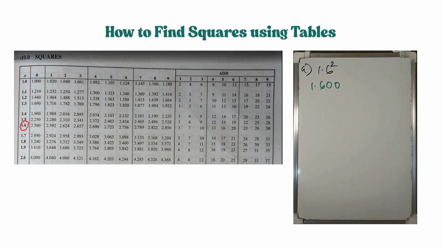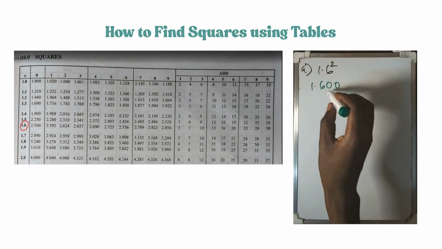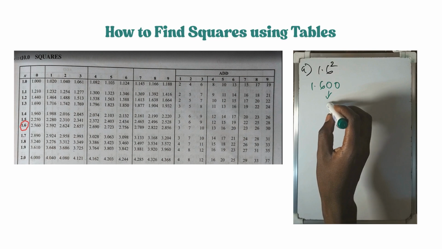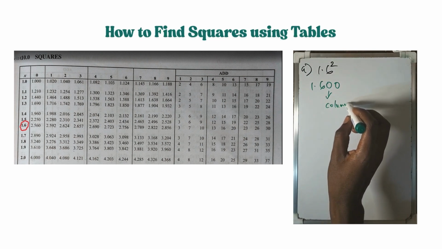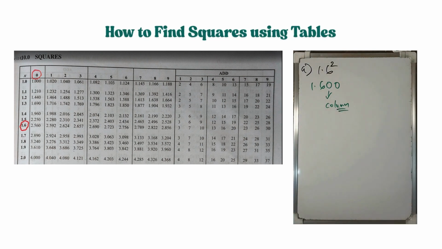Then let's locate the row labeled 1.6 in the mathematical table and look under the first column, the column labeled 0.